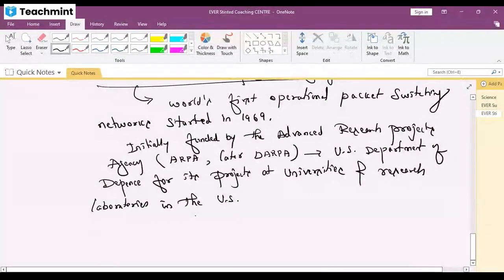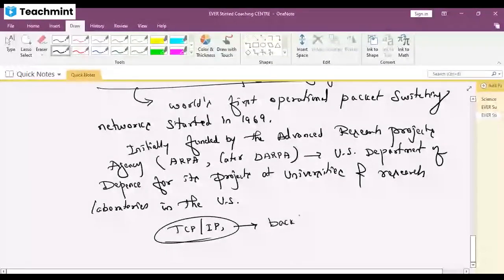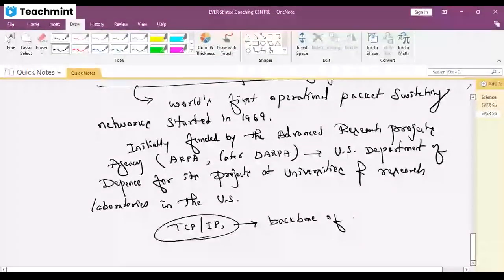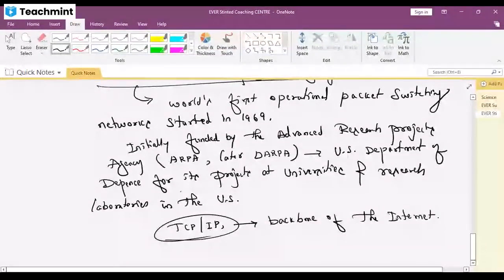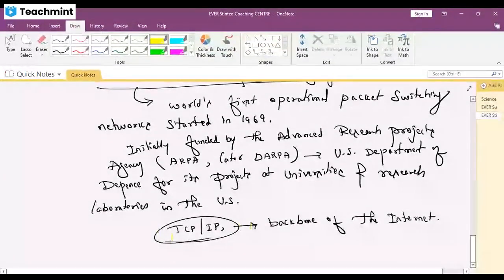And this packet switching of ARPANET together with TCP or IP has formed the backbone of the internet. Now we are using internet because of this TCP or IP.